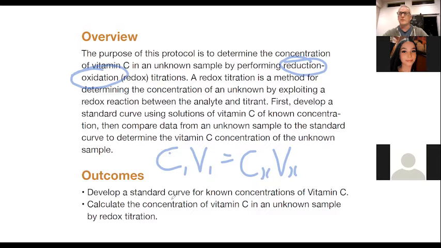What does a redox reaction mean? What does that refer to? What's special about a redox reaction, an oxidation reduction reaction?